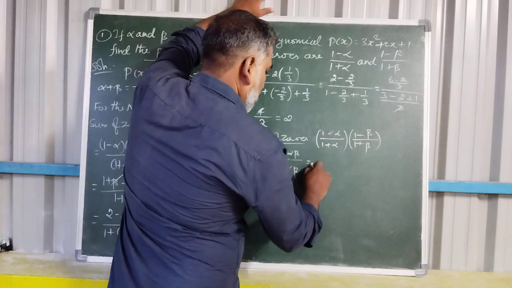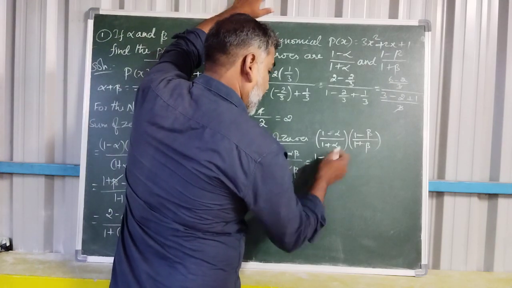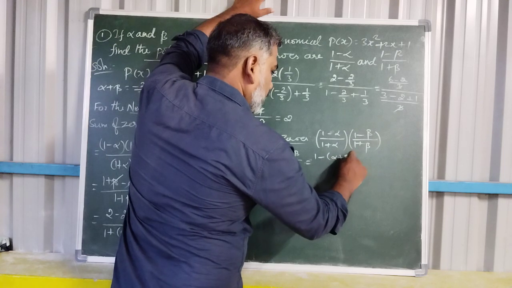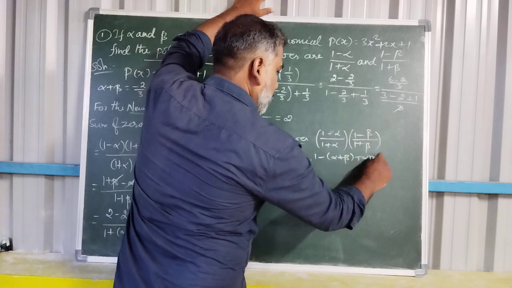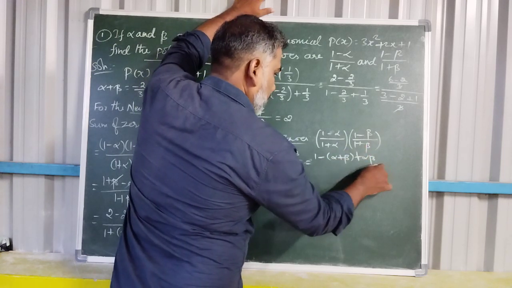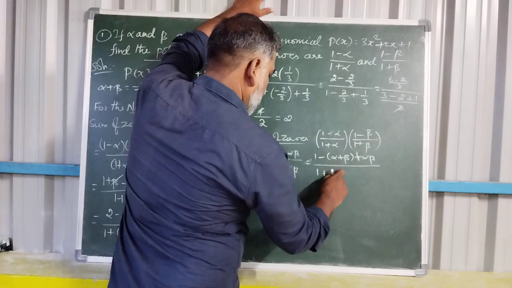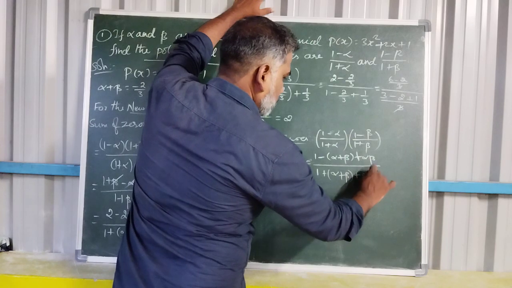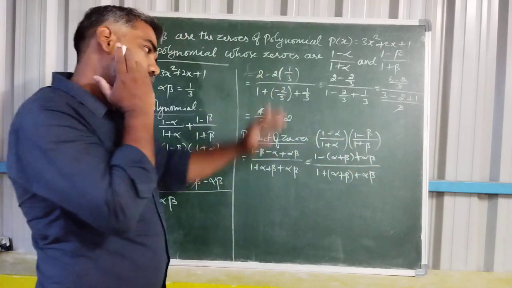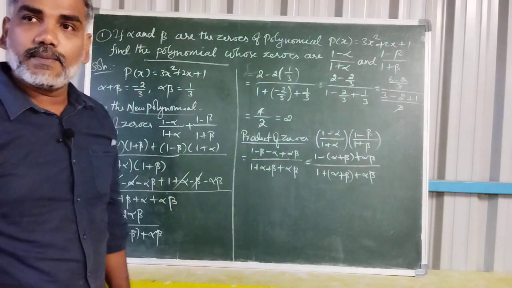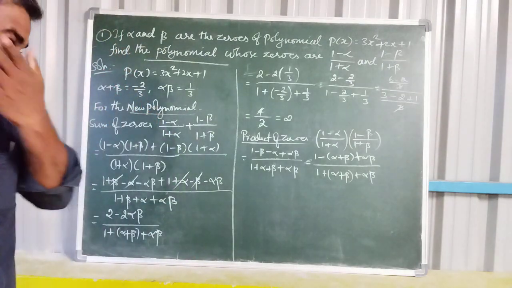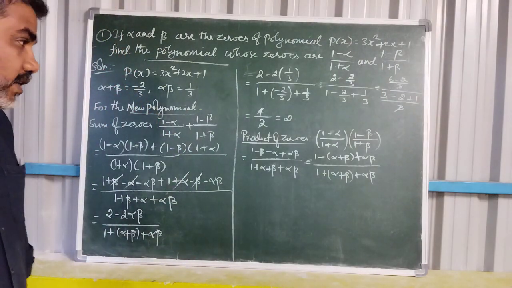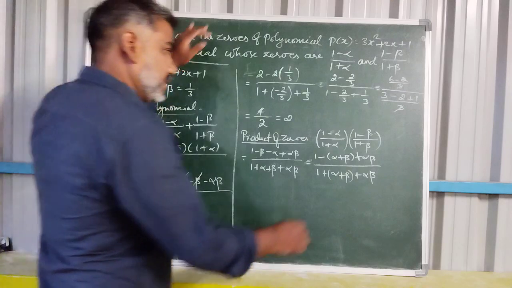I can write it as 1 minus of alpha plus beta plus alpha beta, divided by 1 plus alpha plus beta plus alpha beta. Why? In both of these there is a minus, so we take it common, so it will become minus of alpha plus beta plus alpha beta.